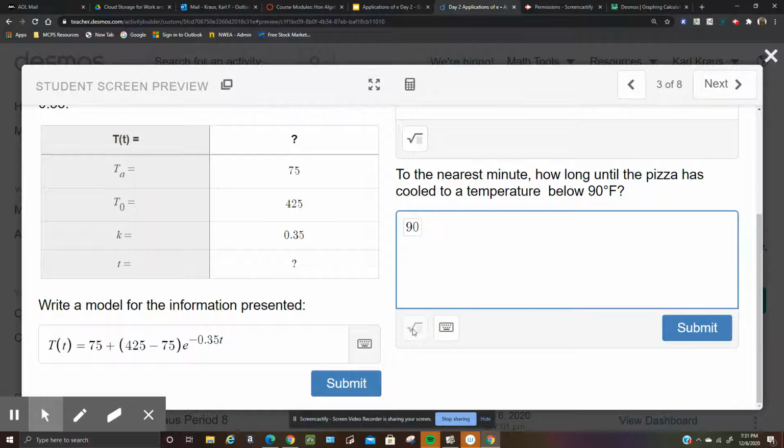So 90 equals 75 plus 425 minus 75, e exponent... Here we're solving for lowercase t.